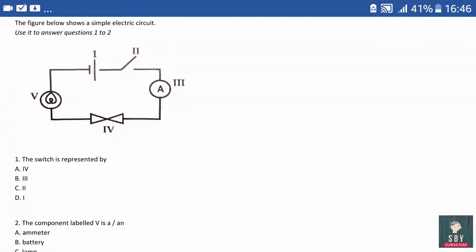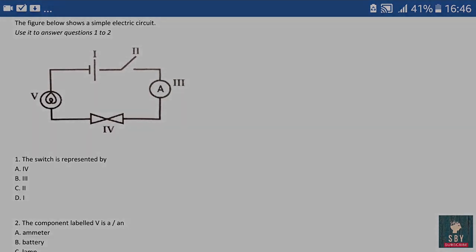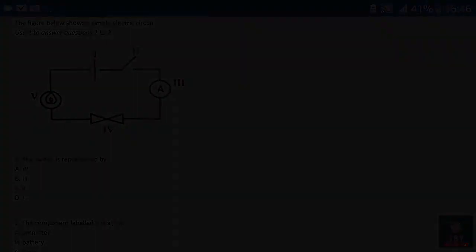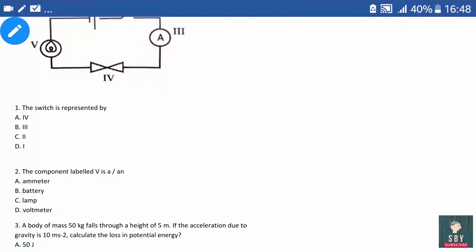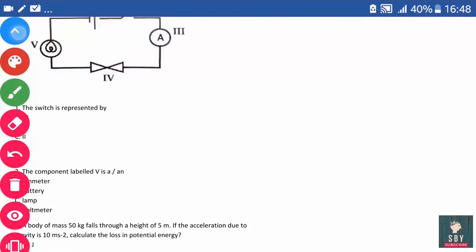Okay, so question 1. The figure below shows a simple electric circuit. Use it to answer question 1 and 2. So looking at this circuit, we are supposed to answer question 1 and 2. The switch is represented by C. Yes, C. That's what it is represented by.